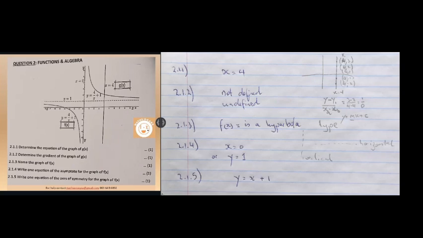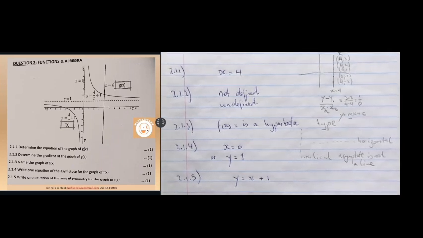Then I also want to make a comment. We say an asymptote, ne? Asymptote is a line. Okay, asymptote is not a line, guys. It's not a line.